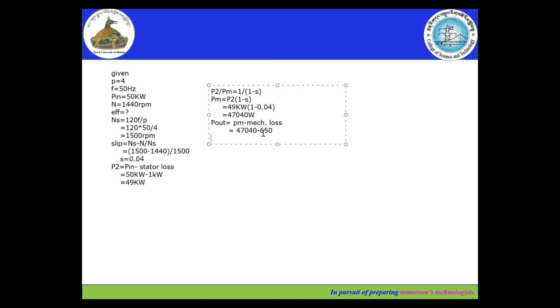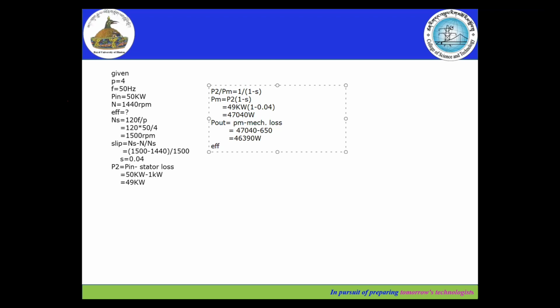From here, we can get the P out as 46,390 watt.